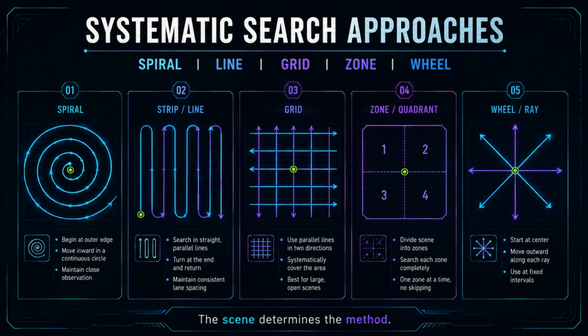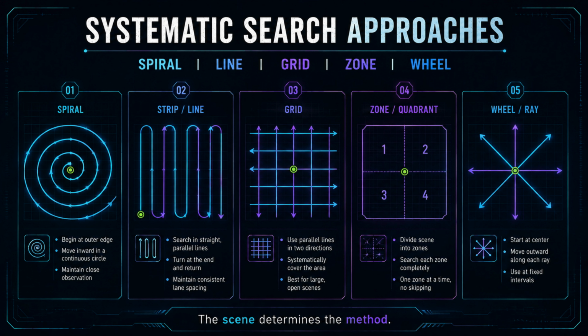Third is the terrain and physical obstacles. Furniture, vegetation, uneven ground, walls, vehicles, and other obstacles can influence the choice. Fourth is the type of evidence expected. If investigators are looking for very small trace evidence, a more intensive search may be necessary.